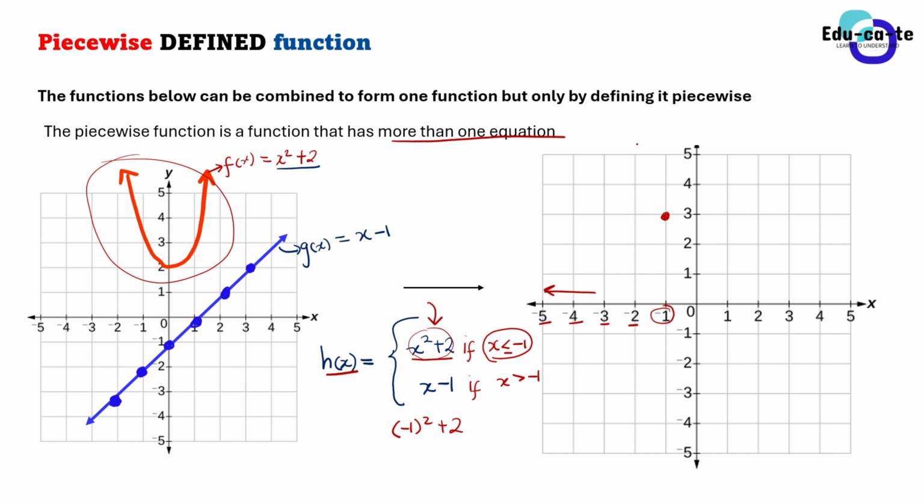So I'm going to plot this function from negative infinity as a parabola, but when I reach negative 1, I'm going to stop plotting it, because in the piecewise defined function, we have only chosen to use the first equation if x is less than or equal to negative 1. So for you to use the equation x squared plus 2, you must draw this function to the left of negative 1, where there are values that are less than negative 1.